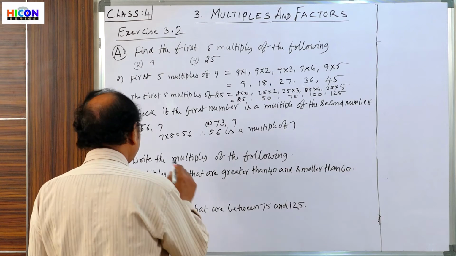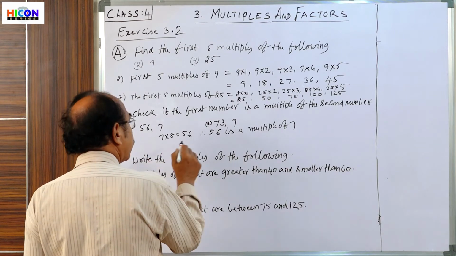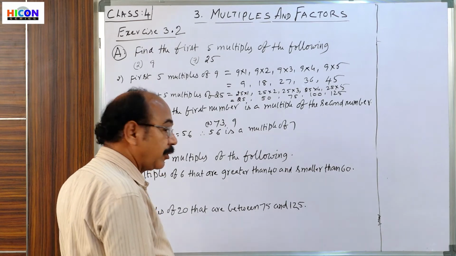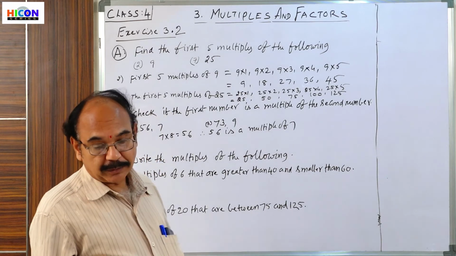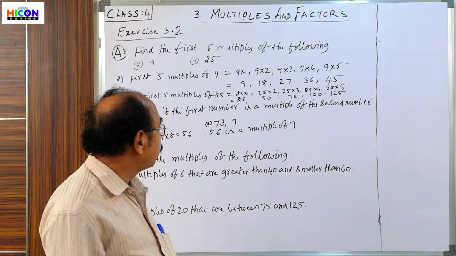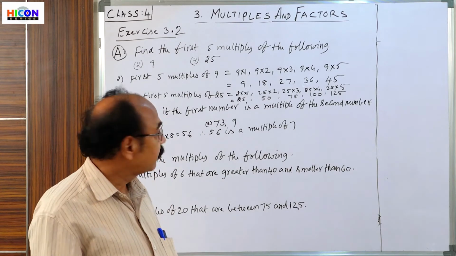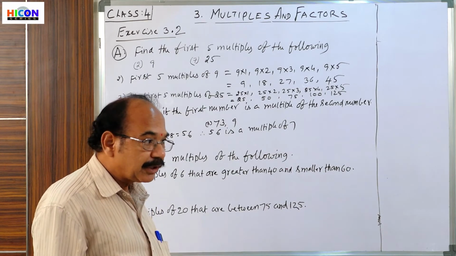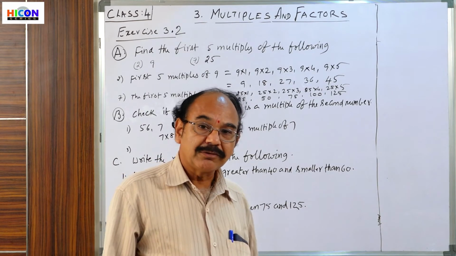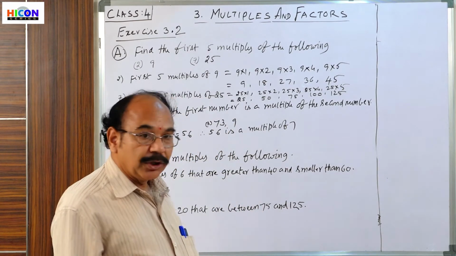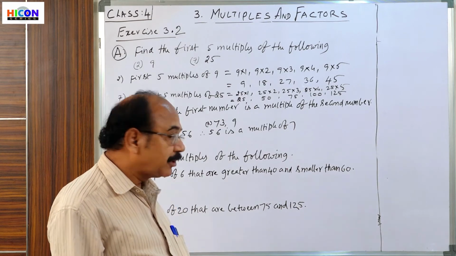Next, now come to 73 comma 9. Read the 9 table. In reading the 9 table, can you get 73? No. 9 eights are 72 only, not 73. So in reading the table of 9, you are not getting 73.